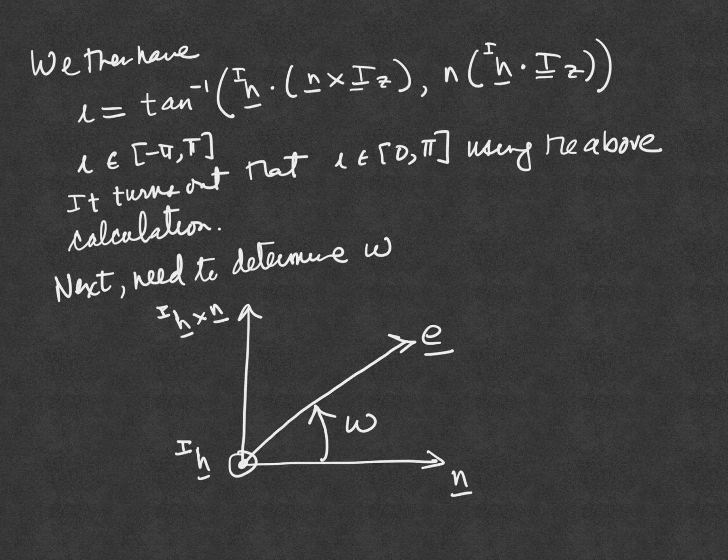So now we can figure out the different components of the eccentricity to actually get the argument of periapsis. We know that the tangent of the argument of periapsis has to equal E dotted with the unit vector components along n and along h cross n, where the h cross n component is the sine component and the n component is the cosine component.